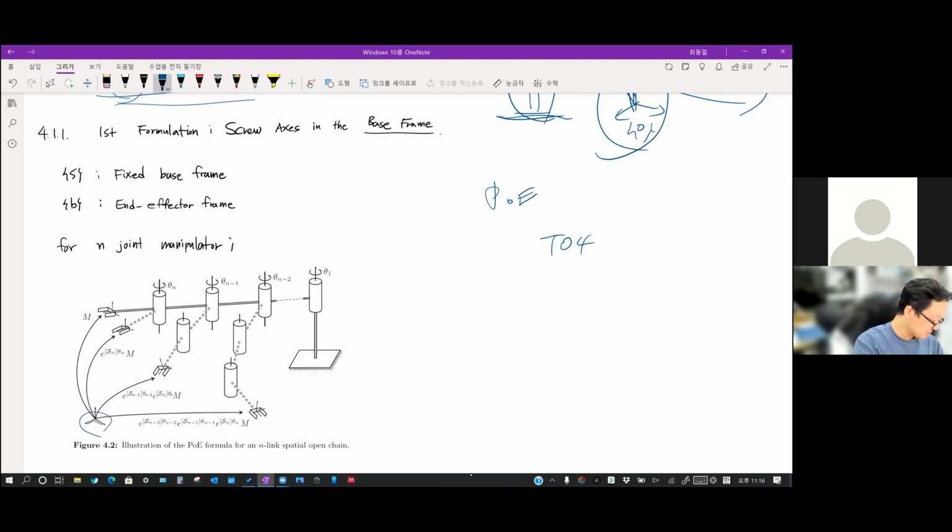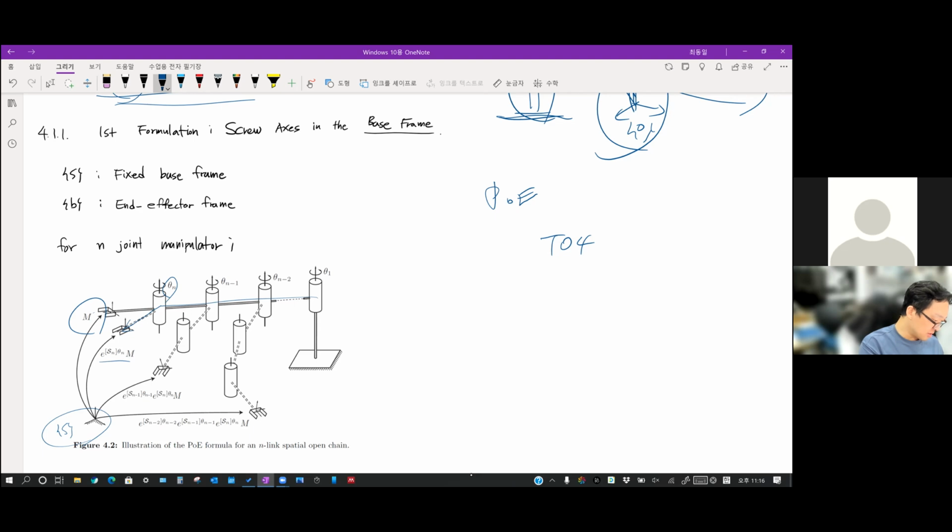When there is an S frame here, and this one is fixed, and when there is no rotation, in the initial position, there is the M transformation matrix. And when there is the last joint movement, it becomes like this.